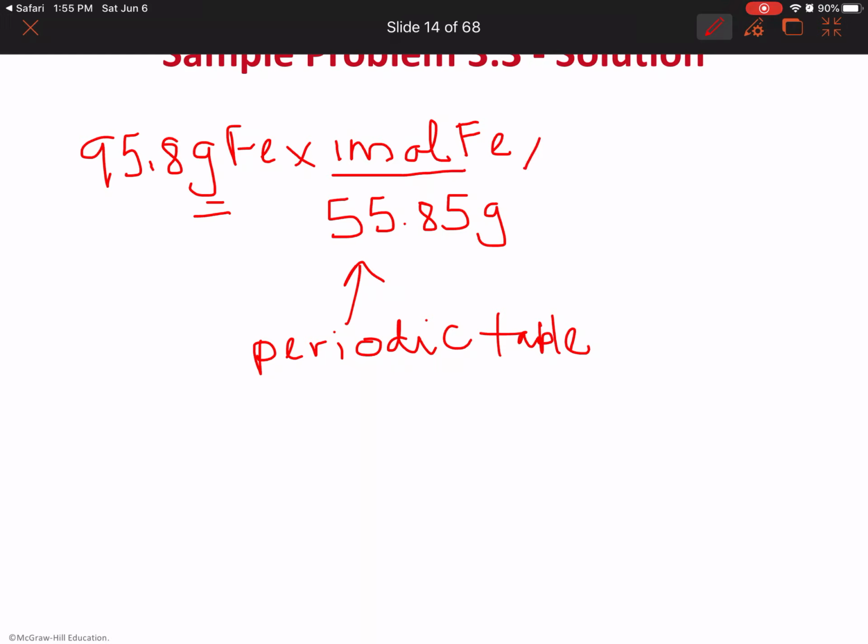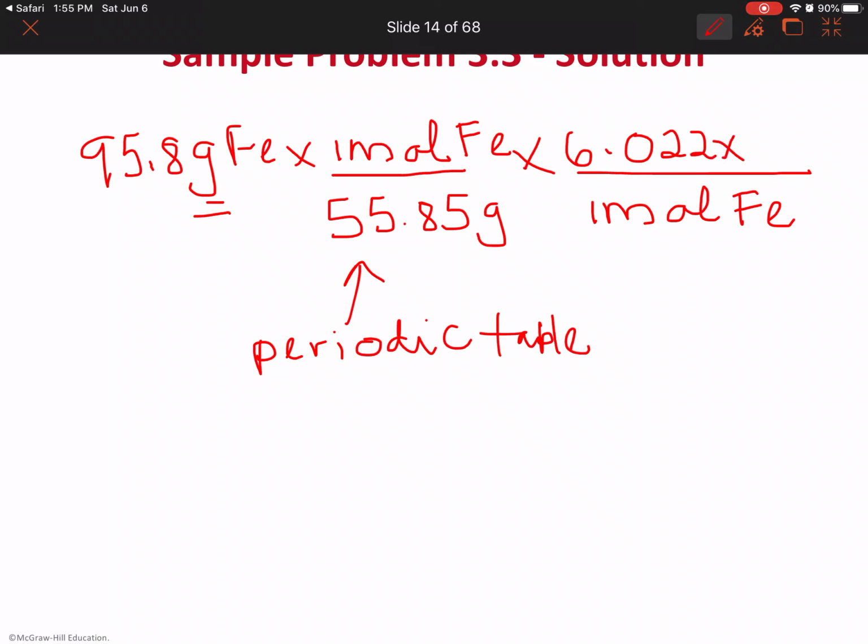And then we want the number of atoms. We know the conversion: 1 mole of iron has Avogadro's number of atoms, 6.022 times 10 to the 23 atoms.